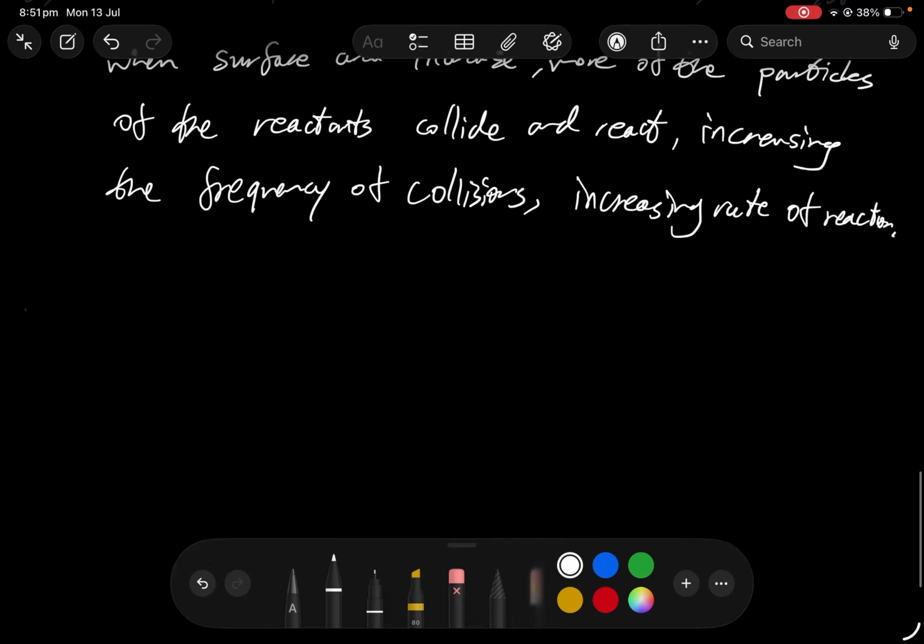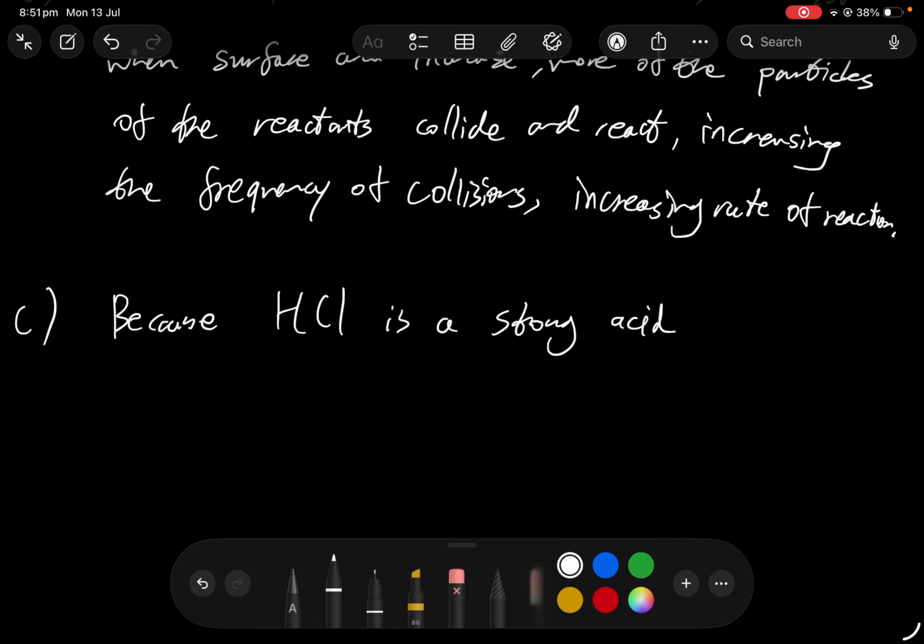Now for part C, it asks, what impact would using acetic acid rather than hydrochloric acid have on the rate of the reaction? So basically we have to know that hydrochloric acid is a strong acid while acetic acid is a weak acid.